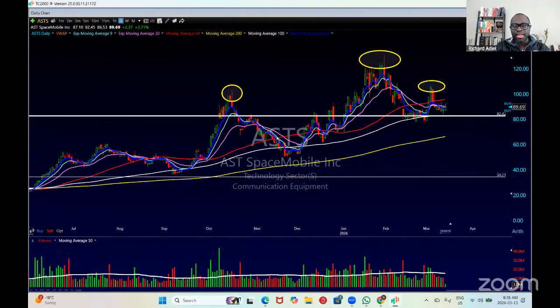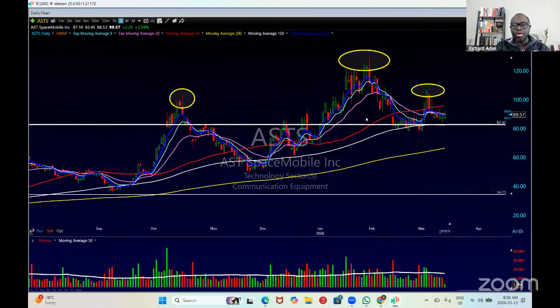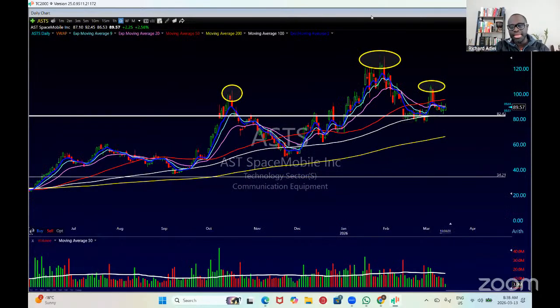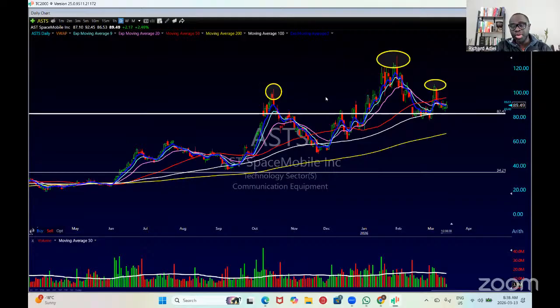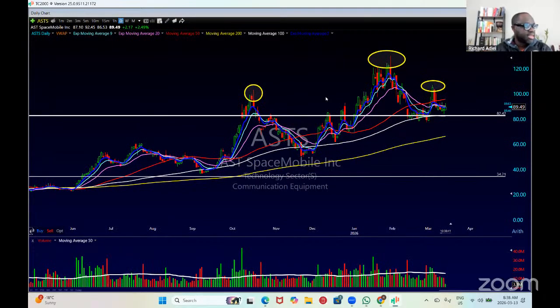What I did was I collected almost $3,000 in premiums from this, right? Kept on doing this, kept on going up, and then it came back down here. So the contracts that I sold are supposed to expire today, and they're worthless, right? Everything is worthless. So this here is a very good strategy that you can use to make consistent income.